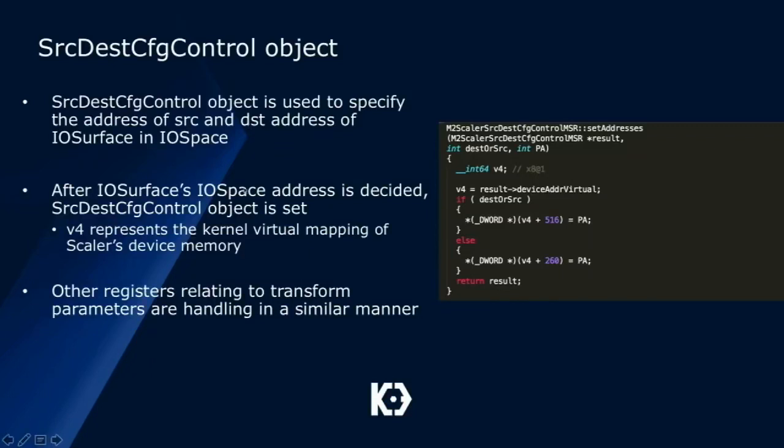The key register is for source destination config control. This object is used to specify those addresses. And once you decide those addresses, you specify them by giving some value and setting it at some specific offset in that mapped virtual memory. And after that, this is done.